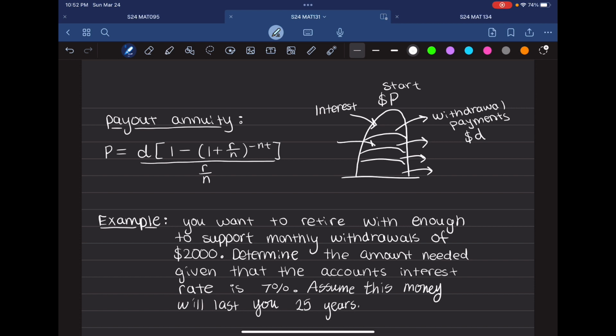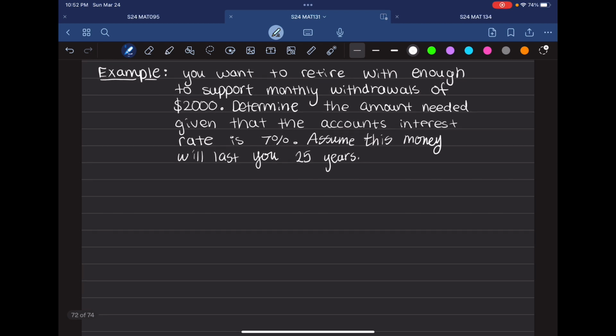And then each period, interest is accumulating in the account, right? So interest is making the account go larger, and our withdrawals or our payments are making the account go smaller. And eventually, we're going to bring this account down to zero. So it's kind of like exactly the opposite of what's happening with a savings annuity. So one example of this would be a retirement account.